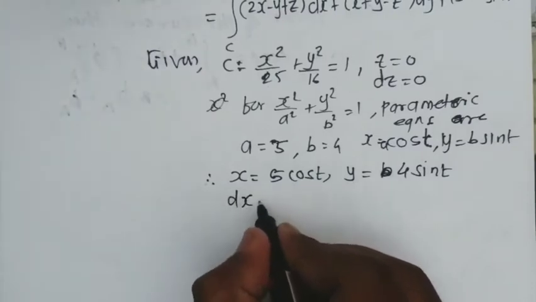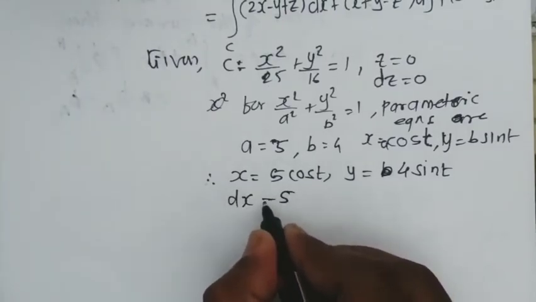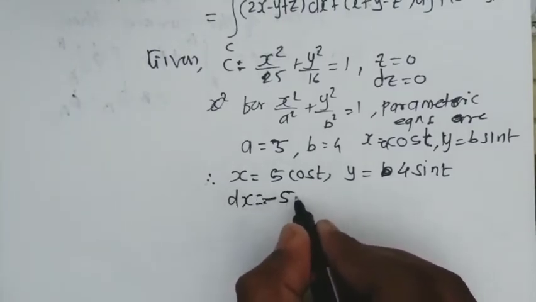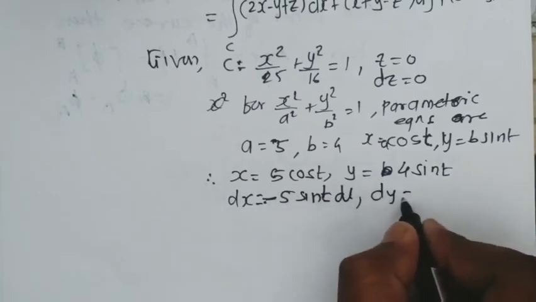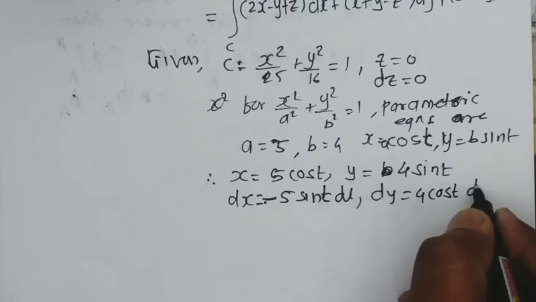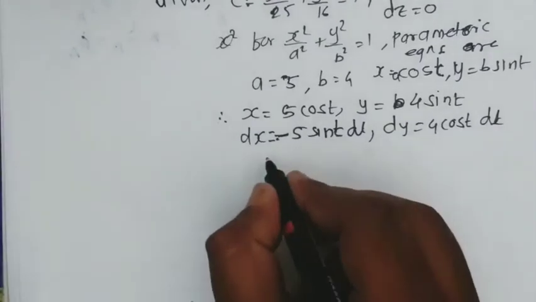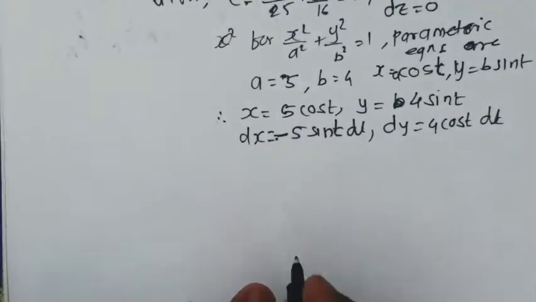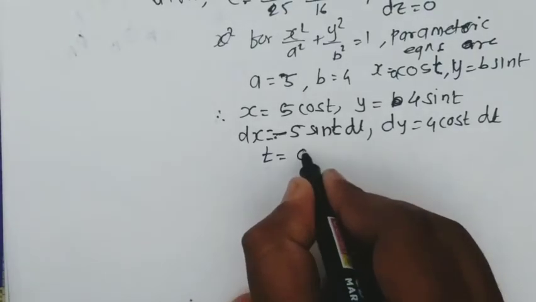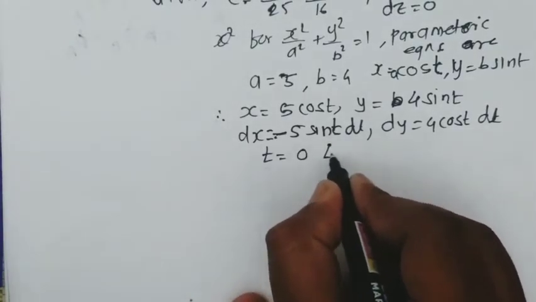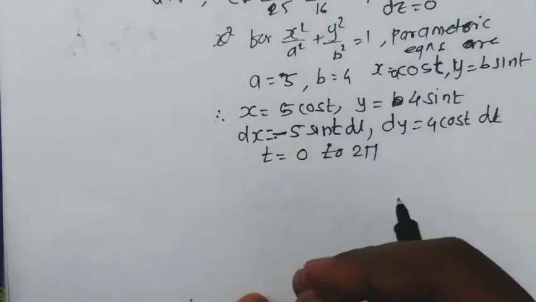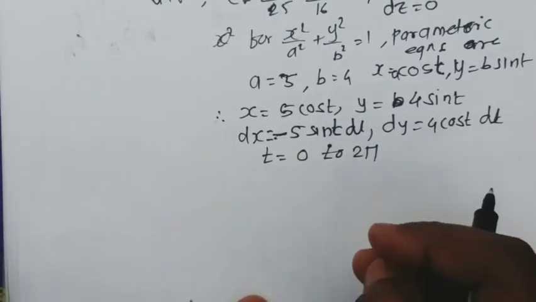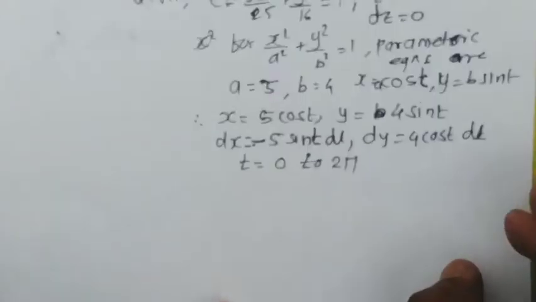So dx will be minus 5 sin t dt, and dy will be equal to 4 cos t dt. And the limits of t for a complete ellipse are 0 to 2 pi. If we have a half ellipse, it will be 0 to pi, and for 1/4 of an ellipse it will be 0 to pi by 2.